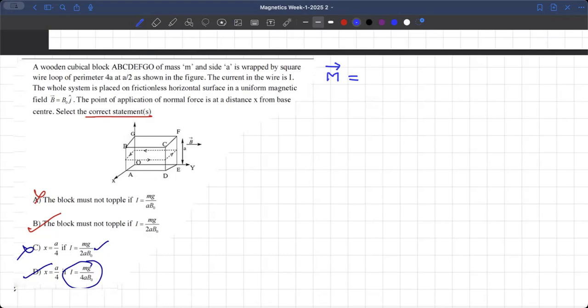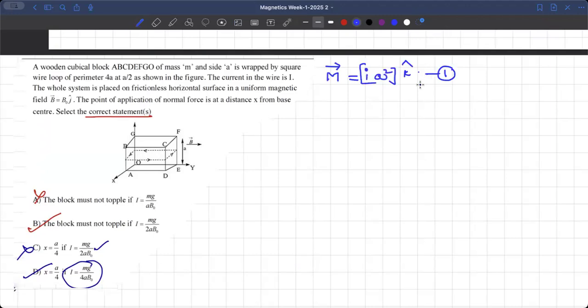My thumb is representing upwards, which clearly indicates it is along Z direction. So therefore, current into area is I A square and the direction is in k cap. Let this be equation 1, M bar.